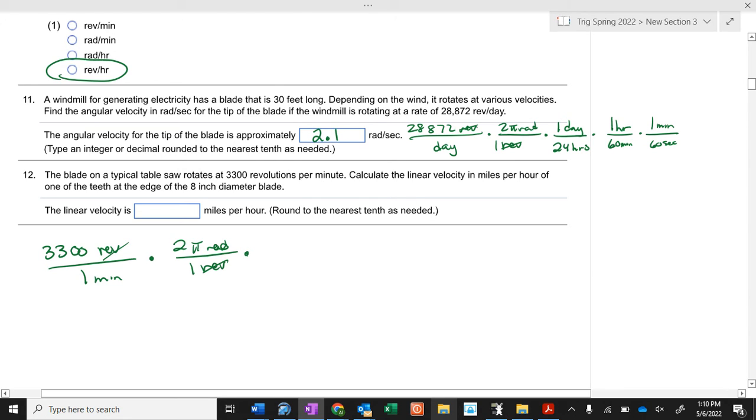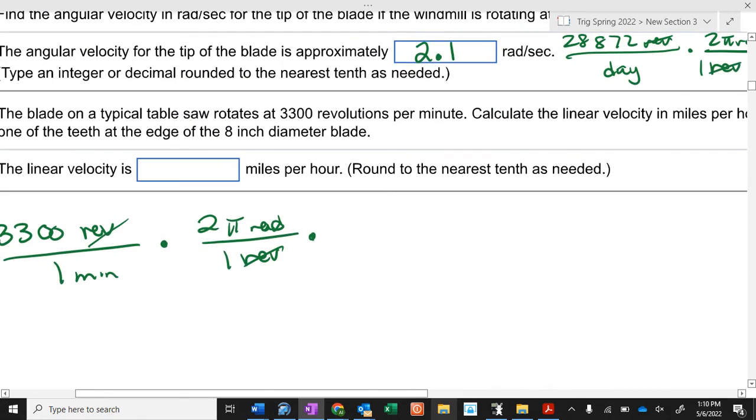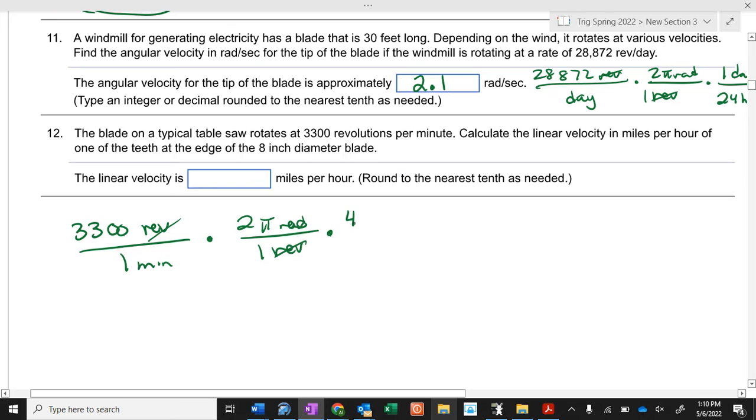Now I have radians per minute. I need miles. How do I get radians into miles? Inches. Well, if it's an 8-inch diameter blade, what is the radius? So 4 inches is 1 radius. The radian and radius cancel. So now I have 4 inches per minute.